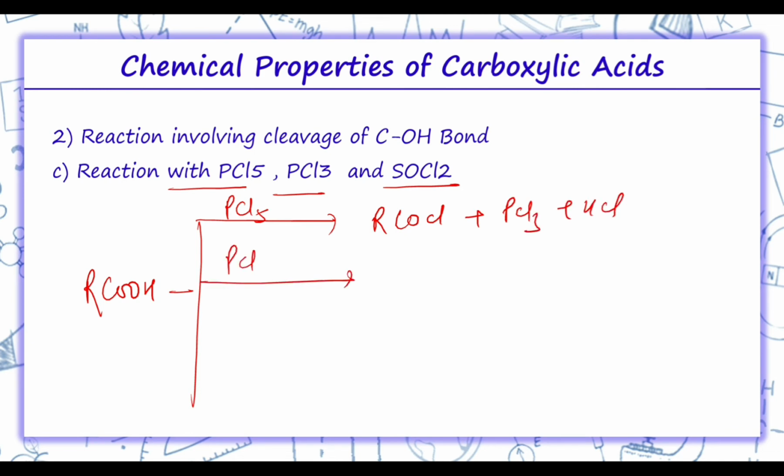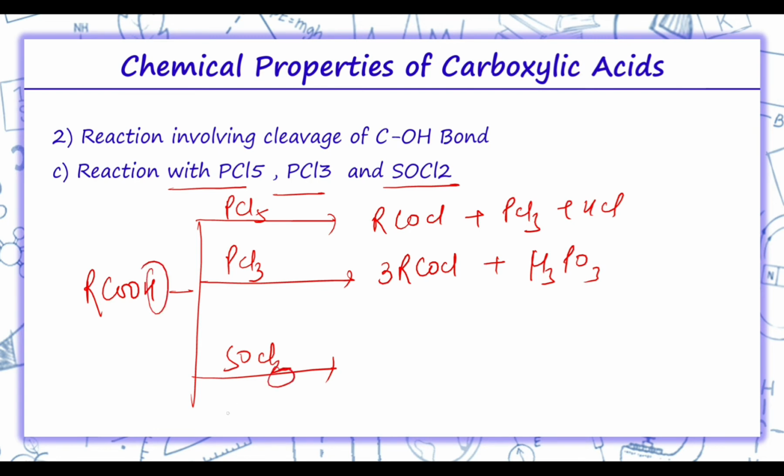But if it is PCl3, we get 3 moles of RCOCl plus H3PO3, and when carboxylic acid reacts with SOCl2, again this H and Cl will be removed. So here we get RCOCl plus SO2 plus HCl.